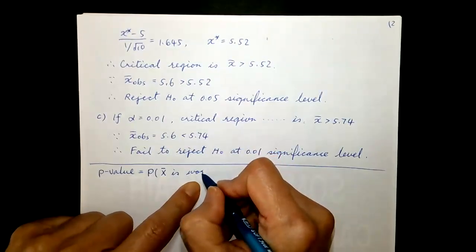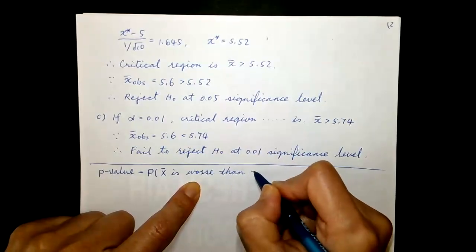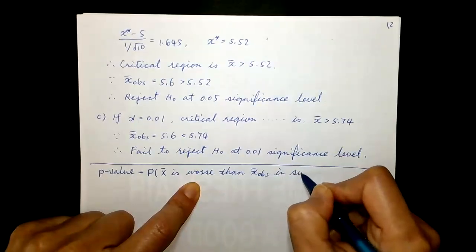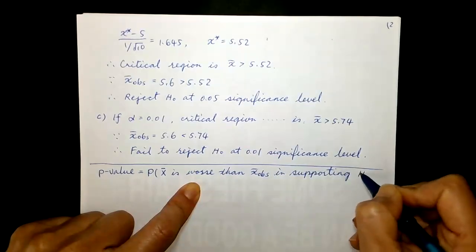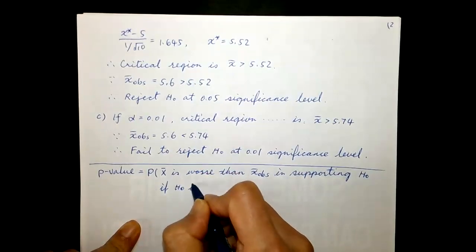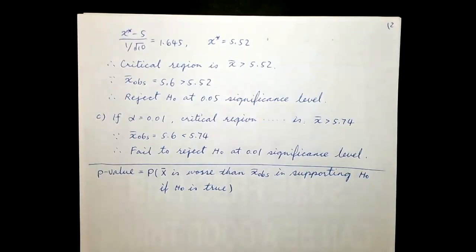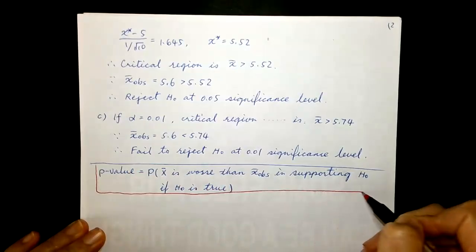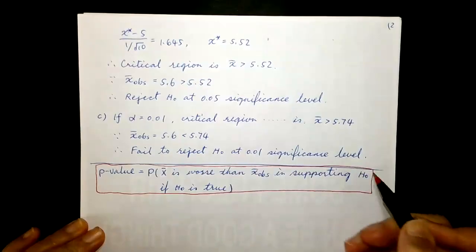The sample mean is any sample mean that is worse than your current sample mean in supporting H naught, if H naught is true. This definition is not very tight and it's quite confusing, but I think it makes a lot of sense.